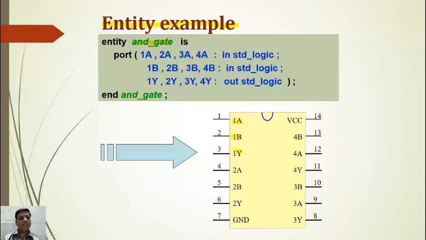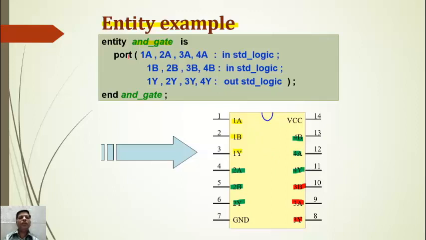This is the first group of AND gate. Then the second group: 2A is the input, 2B is the input and 2Y is the output. Likewise 4A and 4B are another AND gate's inputs and 4Y is the output. 3A and 3B are the inputs and 3Y is the output. So there are 4 such gates, and because of that it is called a quad 2-input AND gate IC.